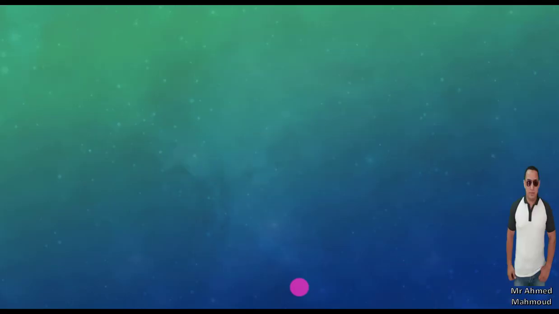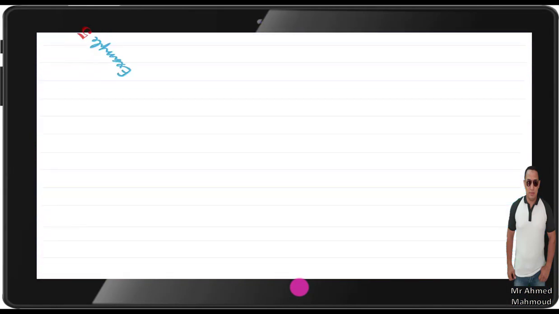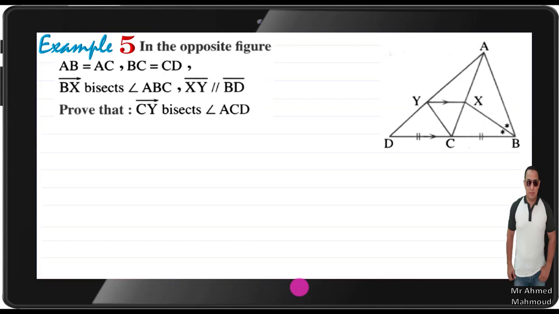The next question. Here in this example, also we have AB equal AC and BC equal CD. Again, AB equals AC and BC equals CD. BX bisects angle ABC.